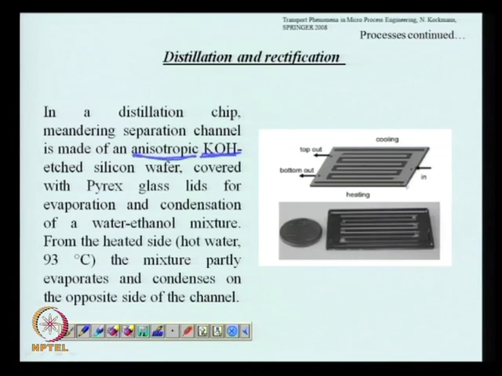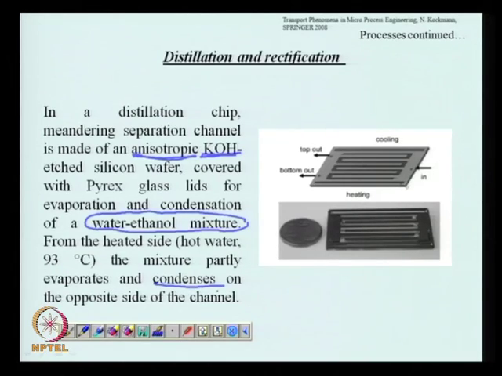Using such a technique, a device has been made where there are channels, and through the channels there is a heated water ethanol mixture. From the heated side, the mixture will evaporate and it is going to condense on the opposite side of the channel.